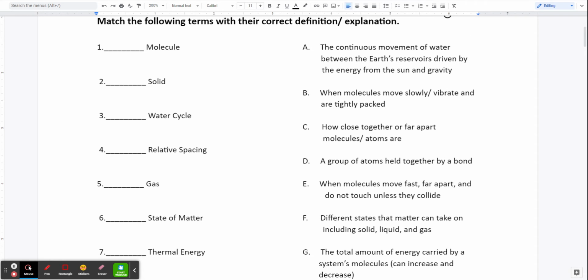B, when molecules move slowly or vibrate and are tightly packed. C, how close together or far apart molecules or atoms are.